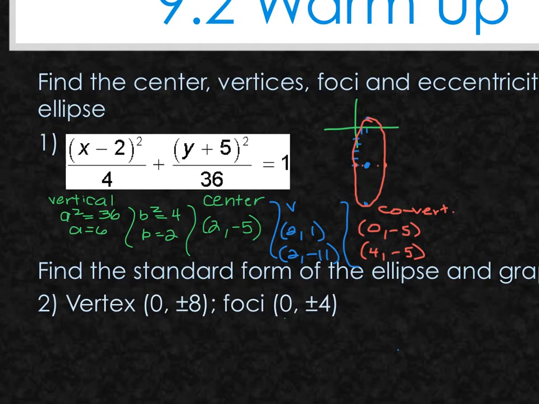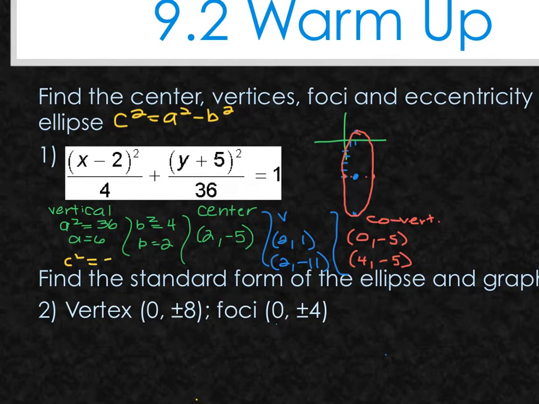The next thing on that list is the foci, so I need to know c. Remember, c squared equals a squared minus b squared. So c squared would equal 36 minus 4, which is 32, and the square root of that would be 4 root 2.